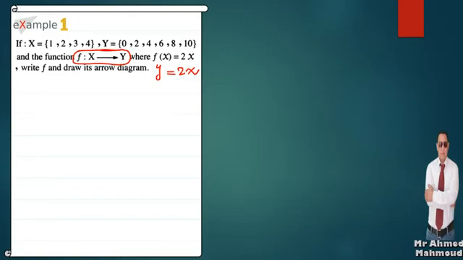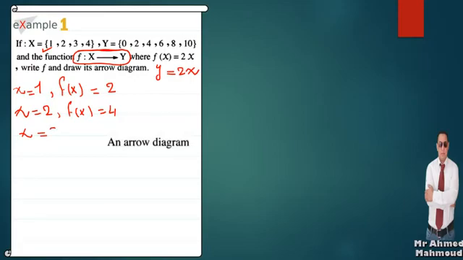Now I need to find f. First, if x equals 1, then f of x or y equals 2 times 1, which is 2. If x equals 2, then f of x or y equals 2 times 2, which is 4. If x equals 3, then f of x equals 3 times 2, which is 6.